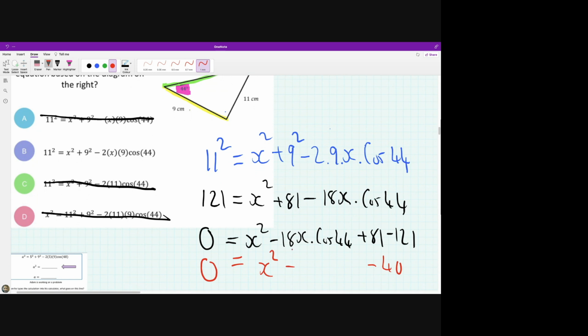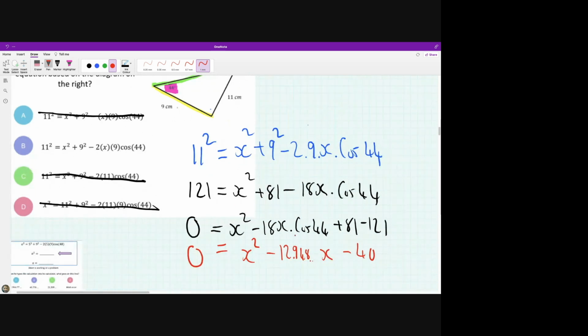I need to do some cleaning up with this middle term. So I'm going to say minus 18 times the cos of 44 and see what I get. Now, this is a little bit messy. This is minus 12.948 and so on, and then there would be an x here.